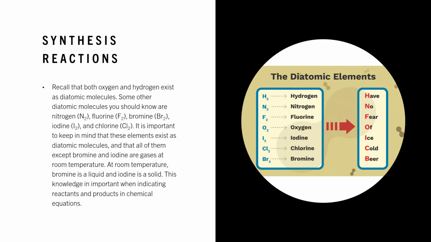It is important to keep in mind that these elements exist as diatomic molecules and that all of them except bromine and iodine are gases at room temperature. At room temperature, bromine is a liquid and iodine is a solid. This knowledge is important when indicating reactants and products in a chemical reaction.